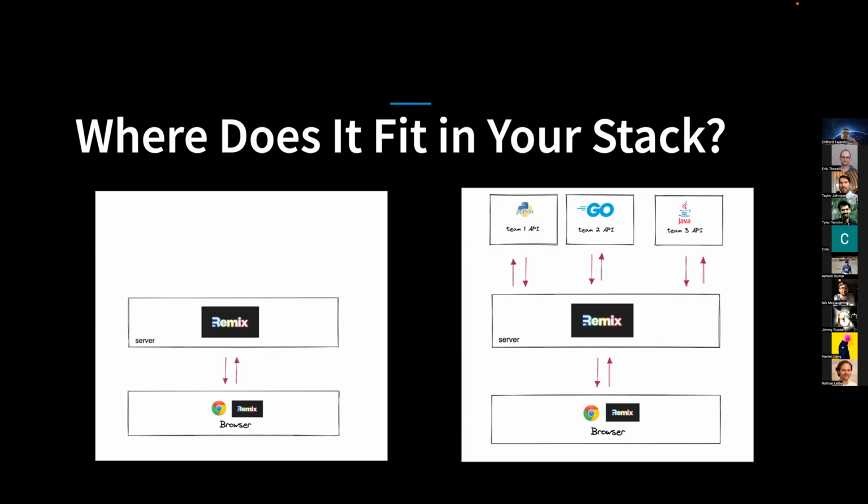The Remix server is kind of like a proxy server, your front-end server, transforming all of that data and then returning it in a nice way for your web application. That's the way that we develop at LinkedIn, and I've seen large companies typically develop like that too.